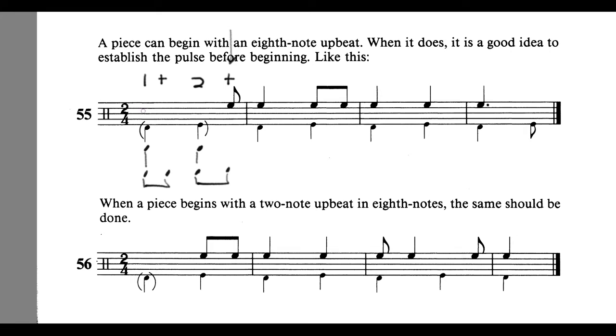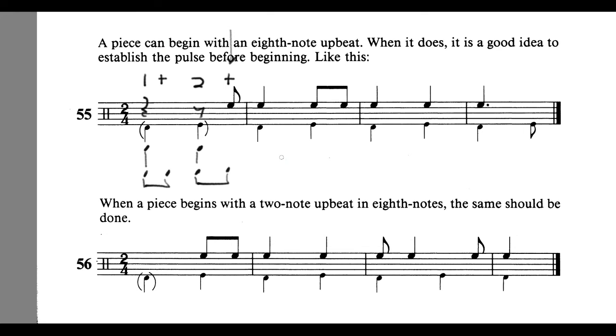In fact, I'd like to imagine that we have an invisible quarter note rest here that covers beat 1 and the and of 1, and then an invisible eighth rest that will cover the beginning of beat 2. So really, this first measure is just 1 and 2 and 1 and 2.